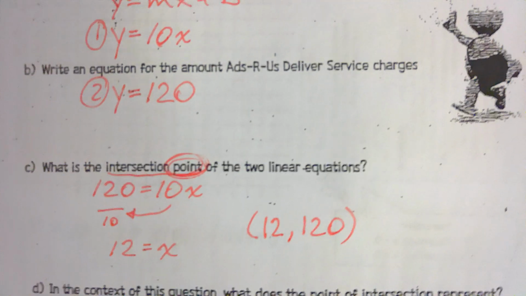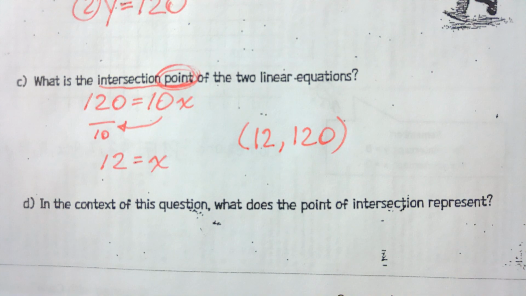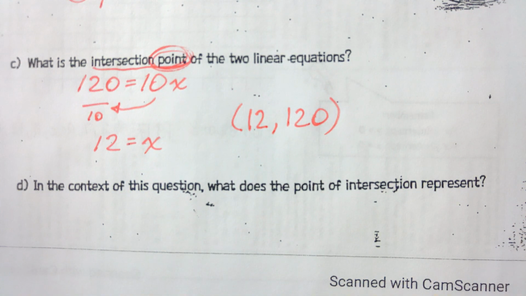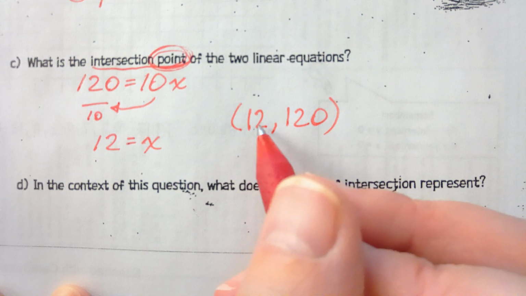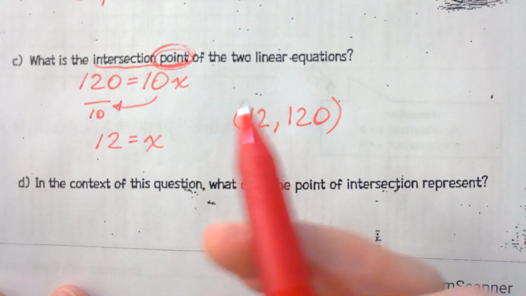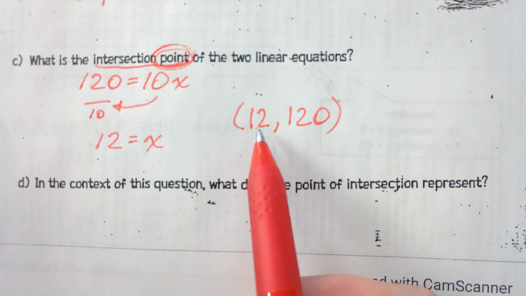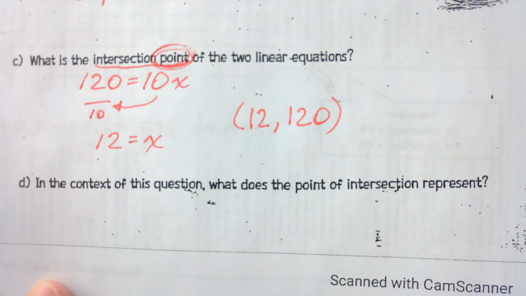Okay, good job. So in the context of this question, what does the point of intersection represent? What does the 12 represent? What does the 120 represent? Andy? Doesn't it represent like when the two costs become equal? Yep. And so what does the 12 represent? It represents like 12 what? Hours. Yeah. Good.